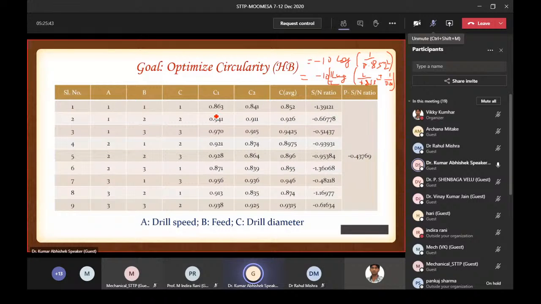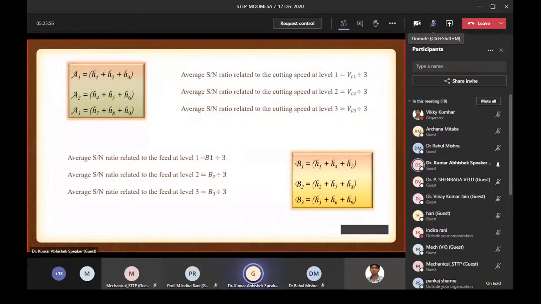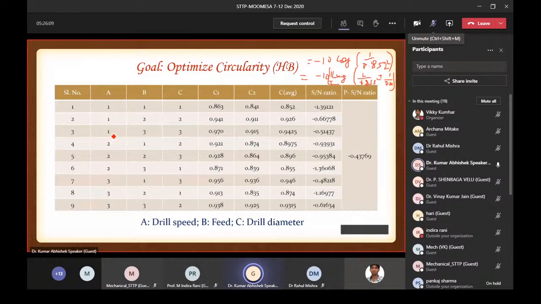First we see which factor is going to be important out of A, B, C. Then we calculate the average SN ratio for the cutting speed at level 1. Suppose you are considering the drill speed A, so what will be the average SN ratio?